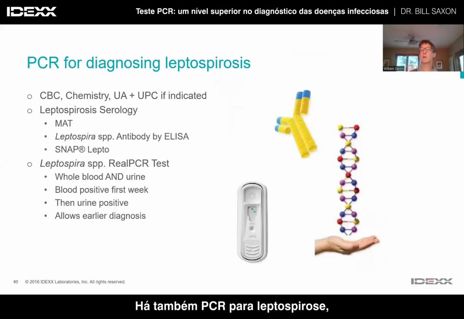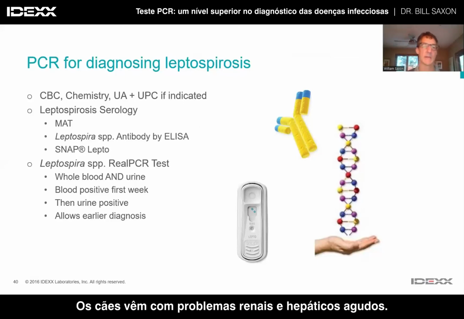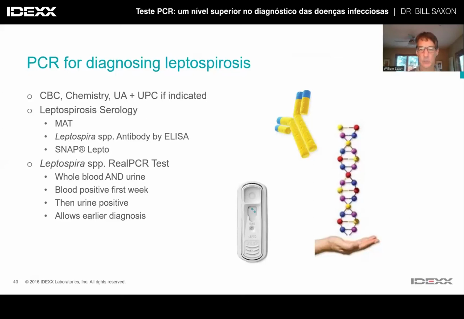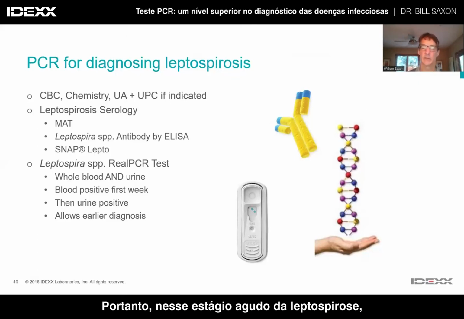There's also PCR for leptospirosis, which can be very helpful because leptospirosis can present acutely. The dogs come in classically with acute kidney and liver problems, so before serology would be positive, before antibodies would be produced, in that acute stage of leptospirosis, PCR testing can be very helpful.